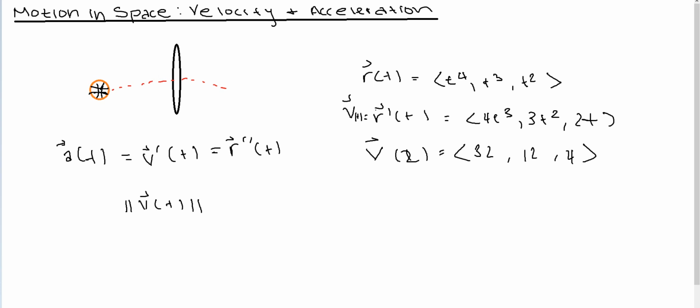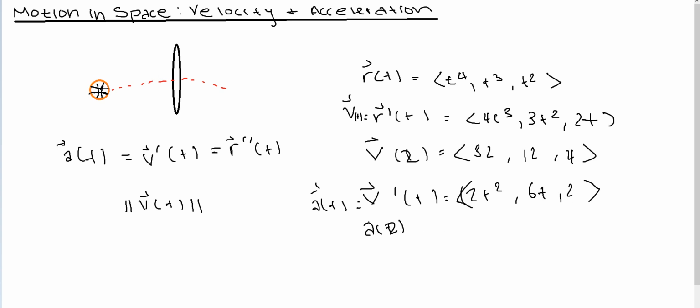Now, if we wanted to find the acceleration, we take the derivative of our velocity vector function, and we would say that this is equal to 12t squared, 6t, and 2. So that means it would always accelerate at 2 meters per second in the z-axis, but we would plug in a of 2 in order to figure out the rest of the components.